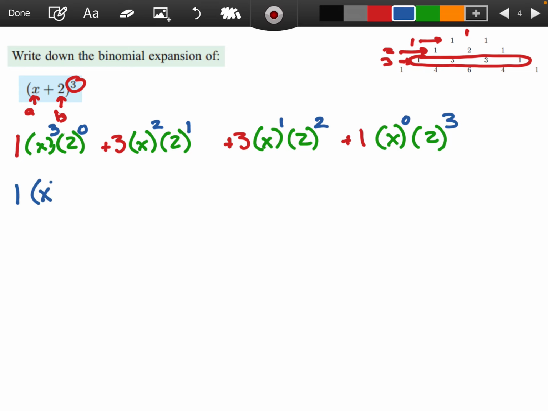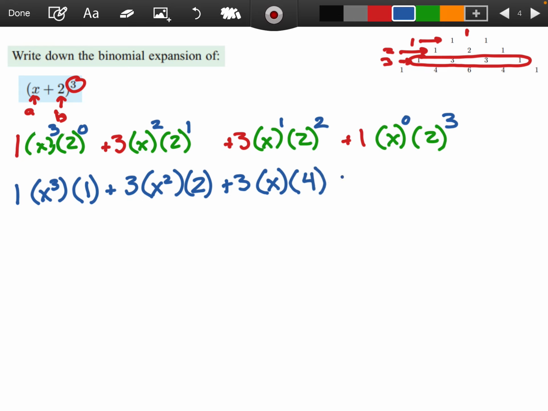X to the power of 3 is going to give me x to the power of 3. 2 to the power of 0 gives me 1. Anything to the power of 0 is 1. Then we've got 3. X squared, 2 to the power of 1 is 2. Then we've got 3. X to the power of 1 is just x. 2 to the power of 2 is 4. Anything to the power of 0 is 1, and 2 to the power of 3 is 8.